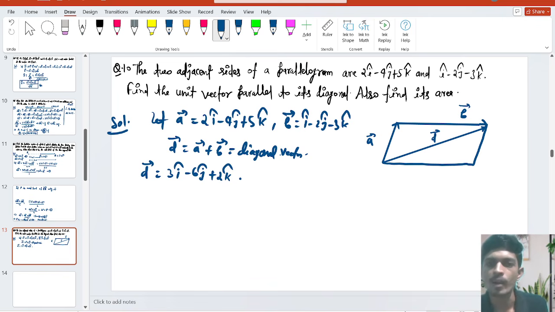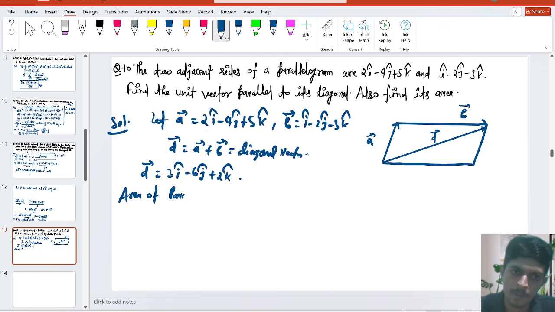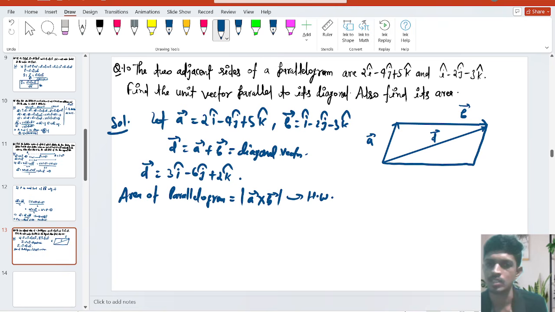So how to find its area? The area of a parallelogram whose adjacent sides are vector A and vector B is the modulus of vector A cross B. Take this as your homework. We also solved this type of question in previous lectures. First simplify vector A cross B by taking the determinant of i cap, j cap, k cap.